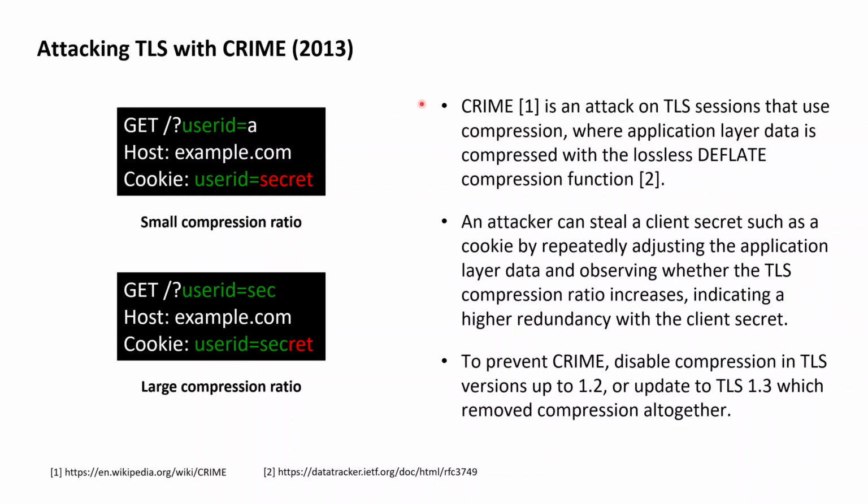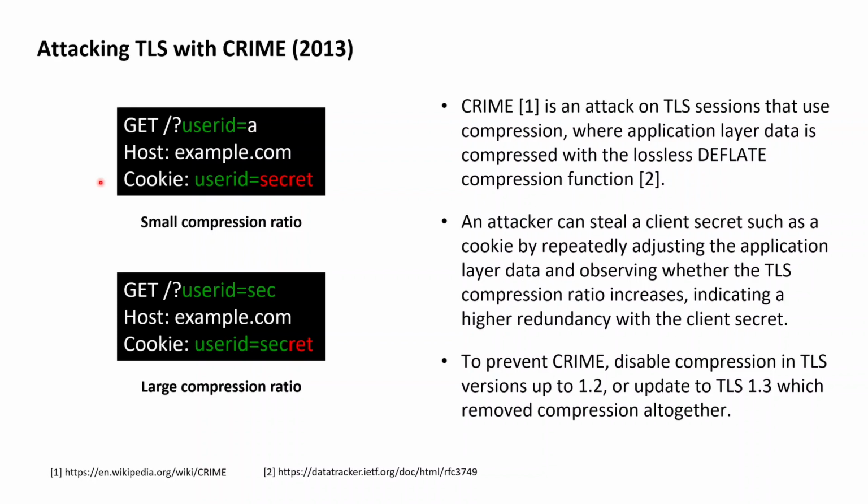In the context of TLS, this then allows to steal application layer client secrets, such as, for example, a user ID cookie used within an HTTP GET request. The attacker's aim in this example is to extract the value of the user ID cookie, which in this example is simply the value secret.